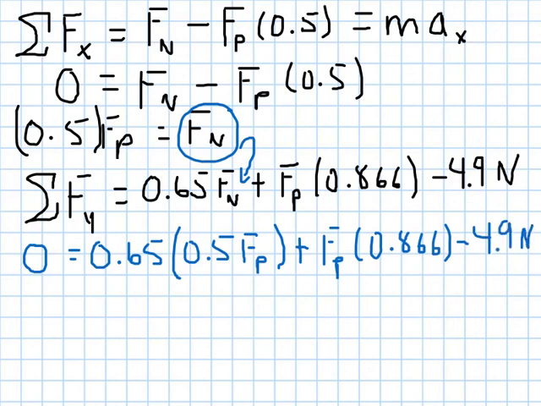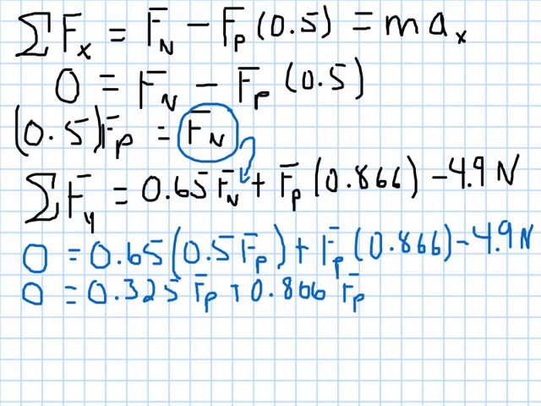So I'm going to take a simplification step, and the 0.65 times 0.5 is 0.325 times the force of the push plus 0.866 times the force of the push minus 4.9 newtons.